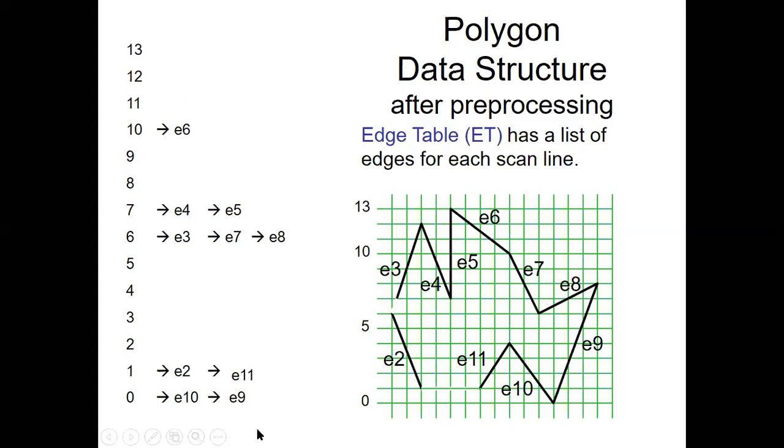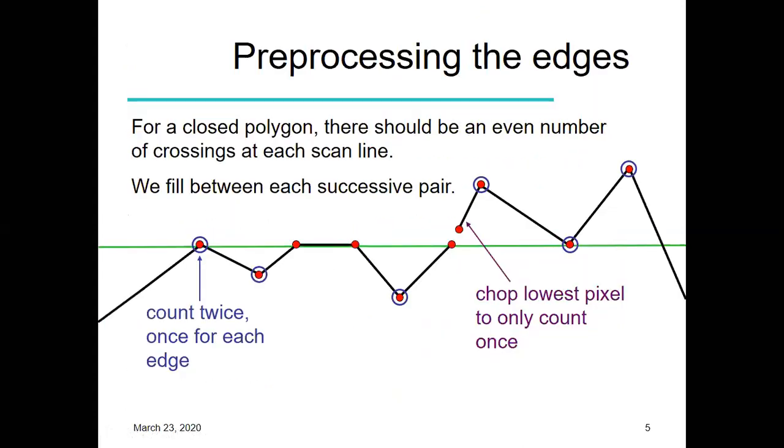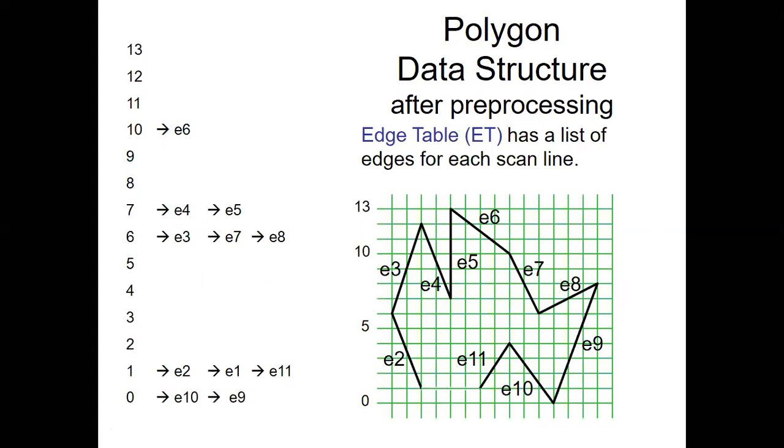I'll repeat this quickly. E1 deleted. So delete it, and in the edge table also delete it from scan row 1. We remove it, and in the sixth row we have E2, E3. The lower one is E2. So chop it, and the sixth one will now go to the seventh one, E3.